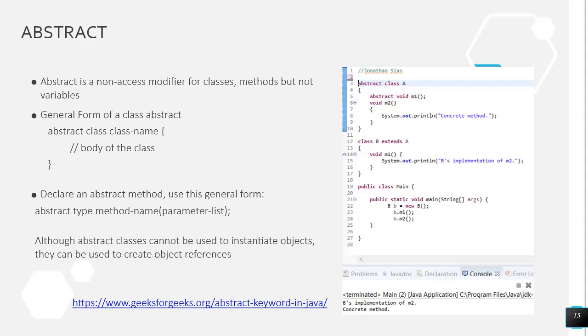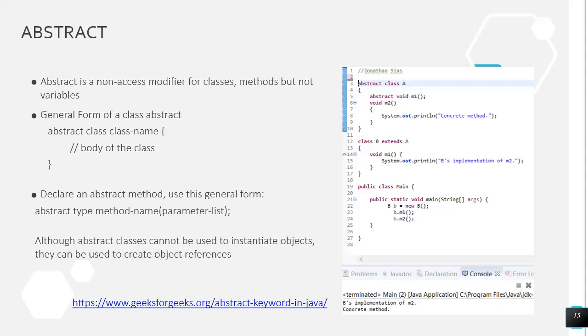As you can see, there's no method body in the declaration. Any concrete class that extends an abstract class is going to override all the abstract methods of the class. There are certain rules for using abstract methods. Any class that contains one or more abstract methods must also be declared abstract.